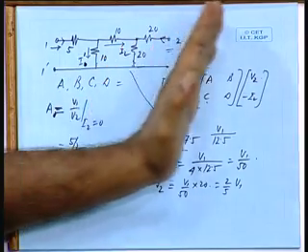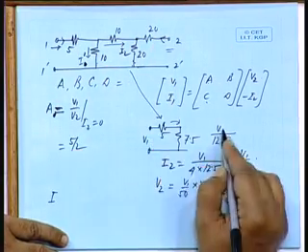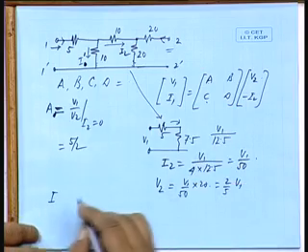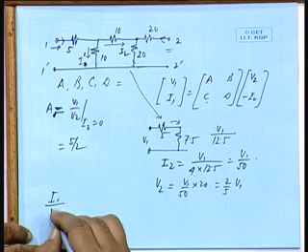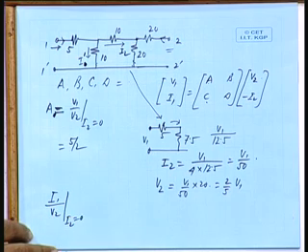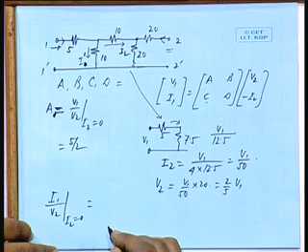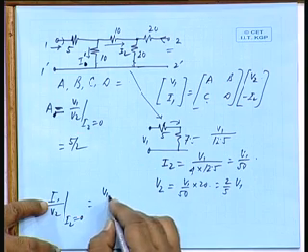Under the same open circuit condition, how much is the current sent from here, that I have just computed, V by 12.5. So, how much is the ratio I1 by V2 under open circuit condition? How much is I1? V1 by 12.5.